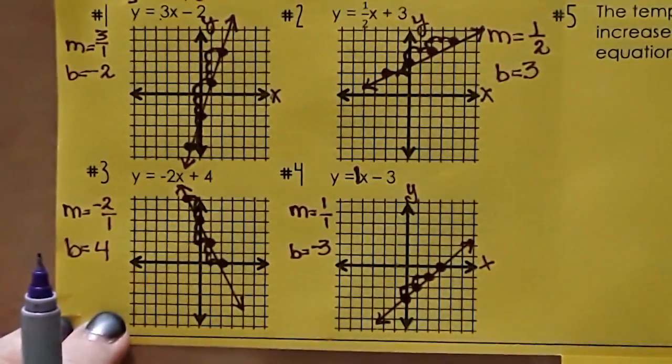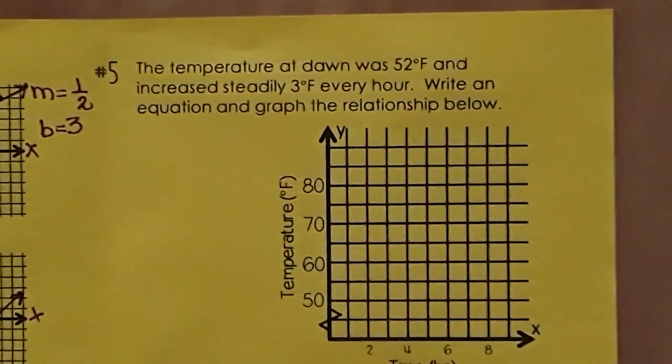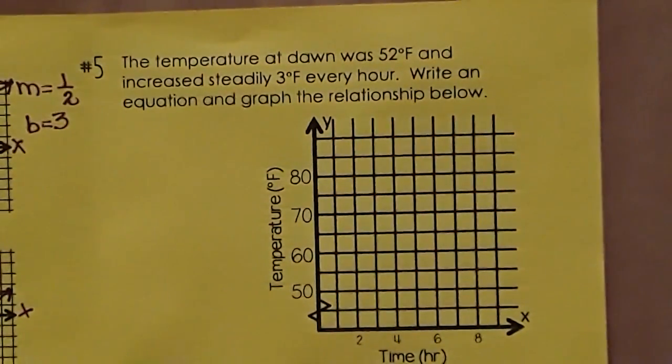Okay? Let's look at this last one, number 5. It says, the temperature at dawn was 52 degrees and increased steadily 3 degrees every hour. Write an equation and graph the relationship below. So the first thing we need to do is write an equation.